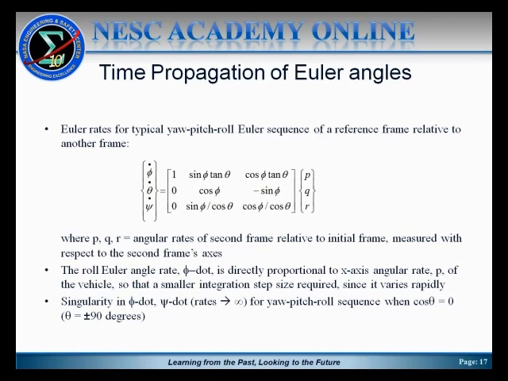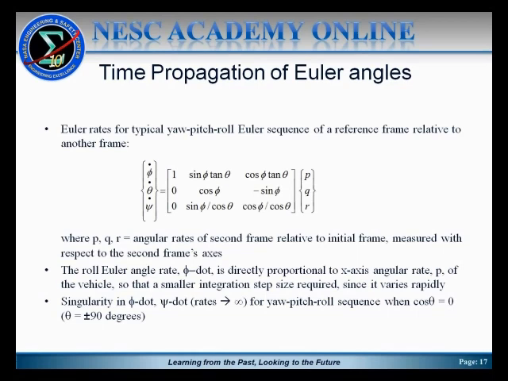And obviously both of those have an issue if cosine theta is 0, and that would occur for theta, this intermediate Euler angle, at a value of plus or minus 90 degrees, because then tangent theta would go to infinity at 90 degrees, and cosine theta would go to 0, and the expressions for phi dot and psi dot would be indefinite, in other words, divided by 0.